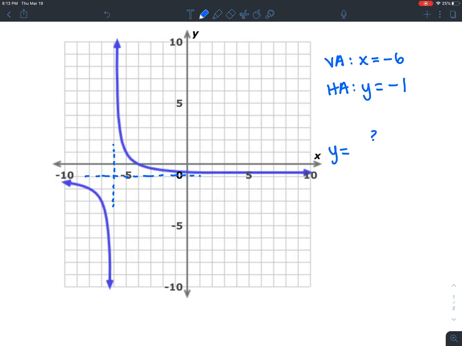Again, this is positive, and if I subtract -6, then that becomes +6. So x plus 6, and then -1 comes down below. Now let's see if you can figure out what the excluded values are and what the asymptotes are. My excluded value is always my vertical asymptote. What would make this denominator 0?